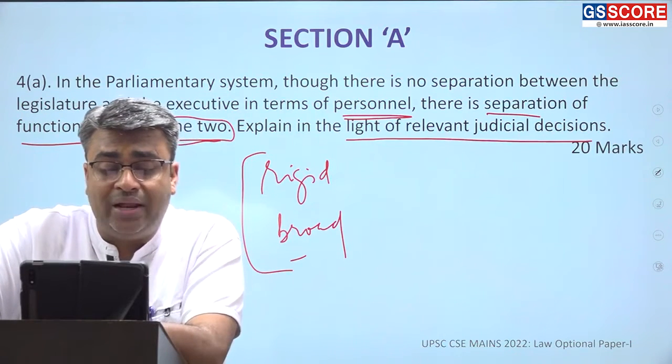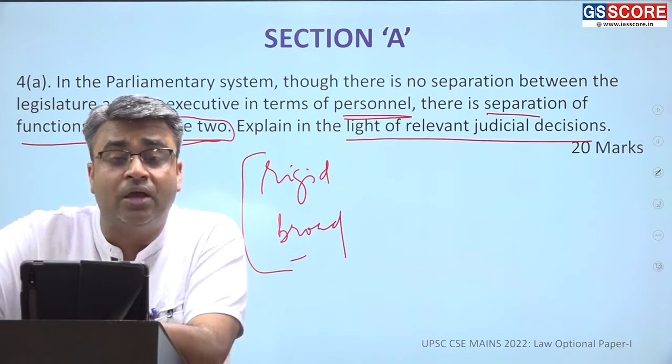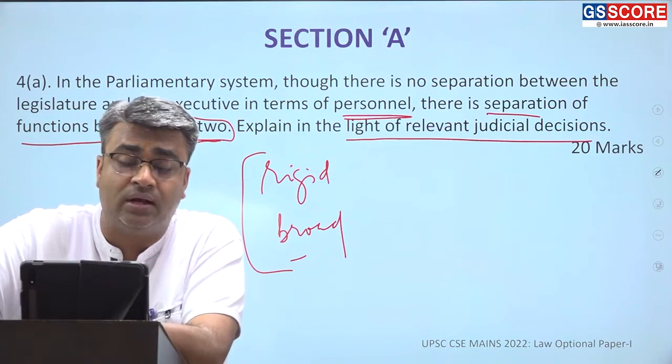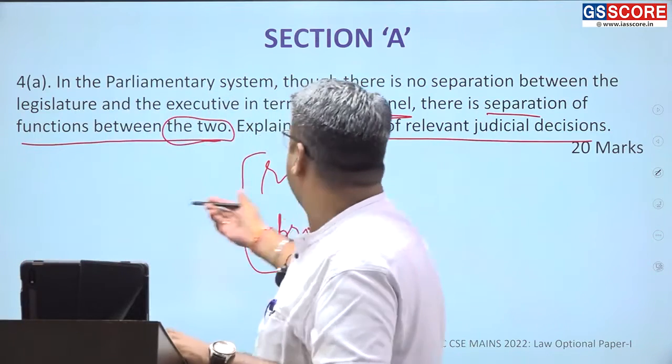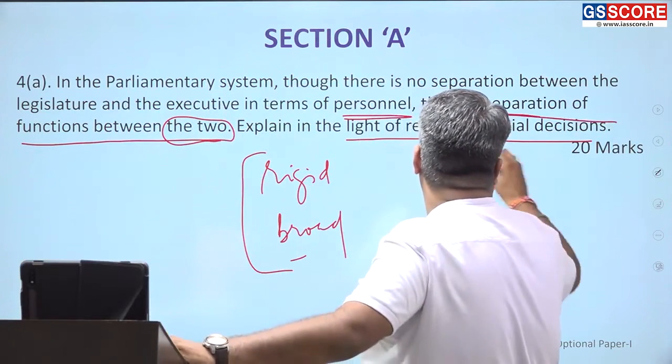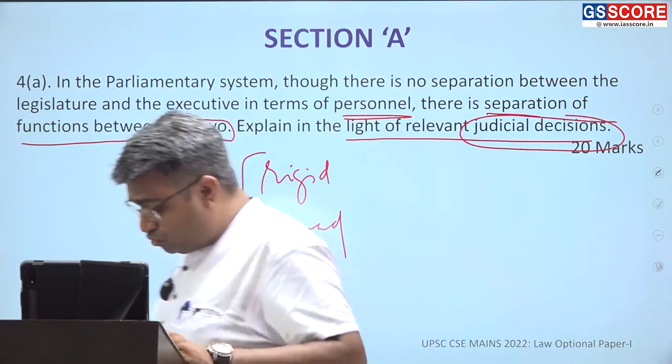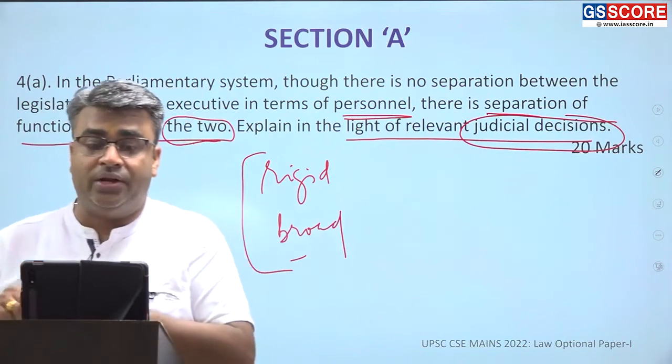So, what actually is the status of this bifurcation or separation of powers in our country? If you go by the Golaknath case, because in the question they have mentioned the relevant judicial decisions, you should be aware of these decisions mainly.